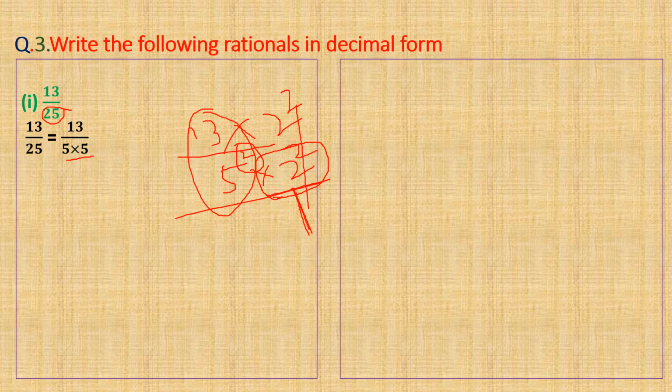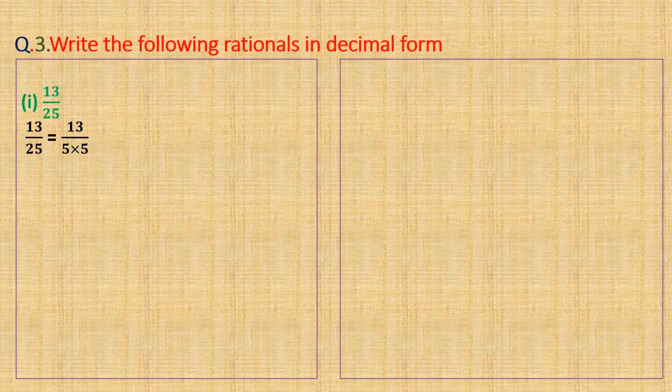So just check: if there is no 2, we put 2 power 0, right? If there is no 5, we put 5 power 0. But here, why include them? Here I got 5 square, but why include 2 square in this denominator? Because here he asked to convert the rational number into a decimal.